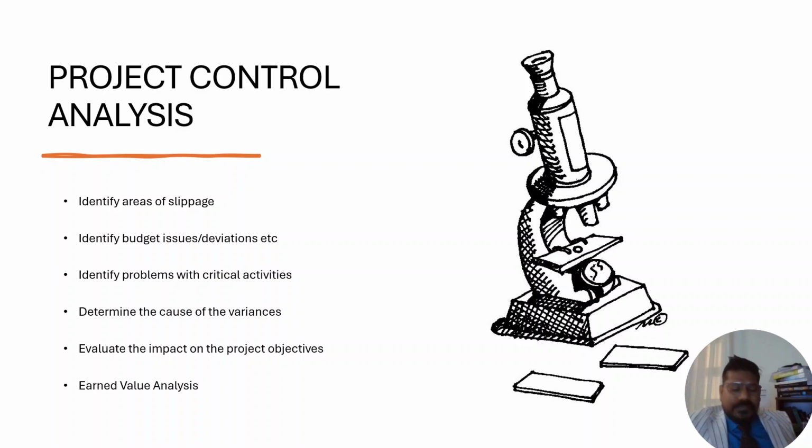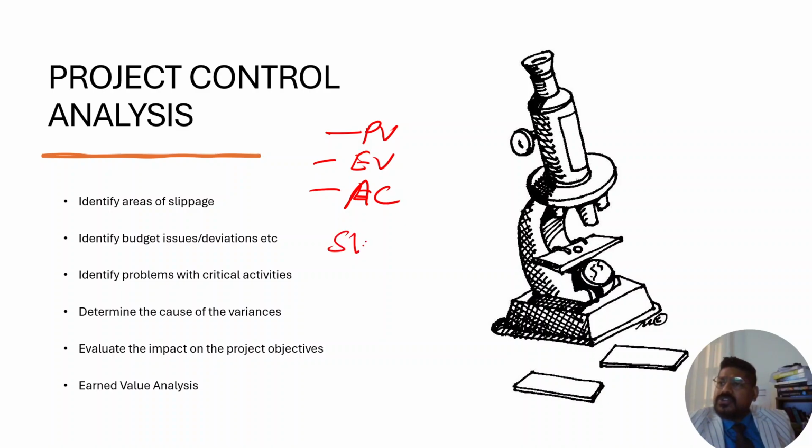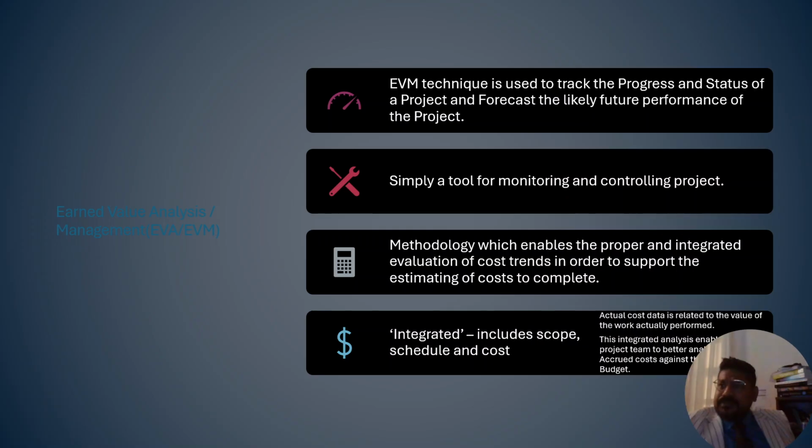Based on that, we have parameters like schedule variance, cost variance, how much is the variance in schedule and in cost, and then schedule performance index and cost performance index. We will discuss them in detail.